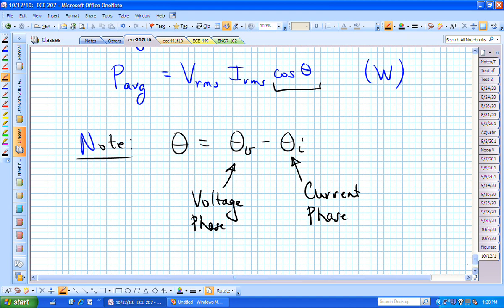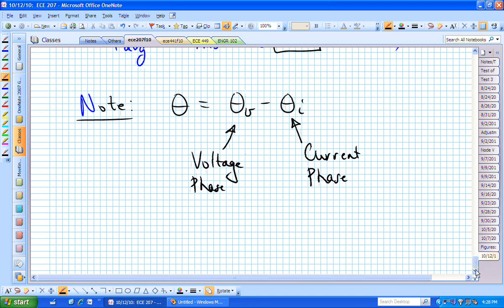The more our voltage and current are out of phase, that means that we have more reactive power than maybe we would like. And that cosine of theta is what the power company is going to be concerned with.